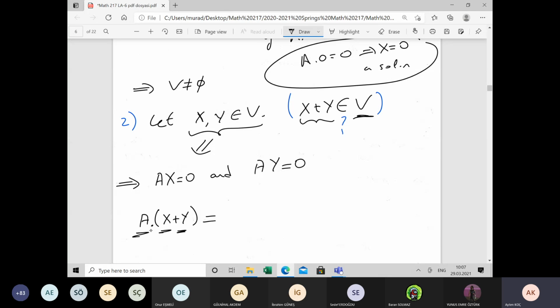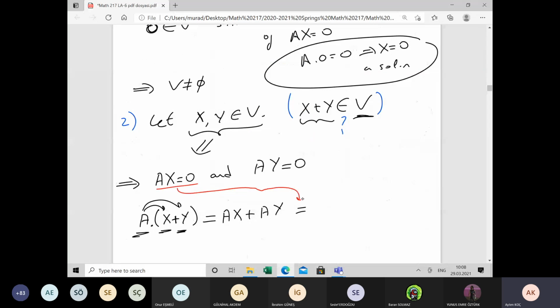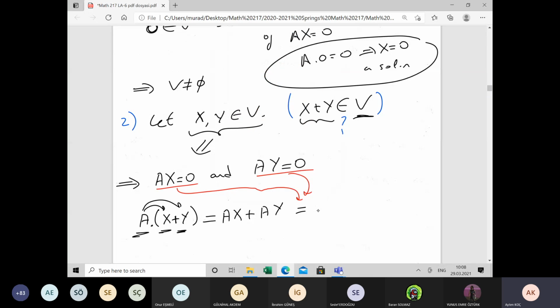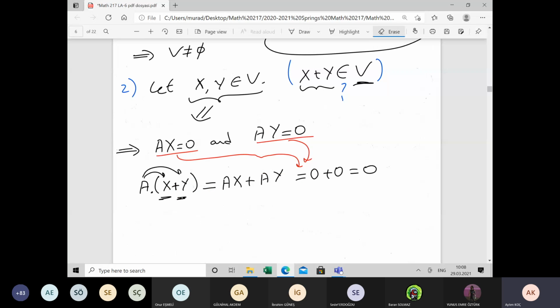This one is a product, this one is an addition. We use distributivity: Ax plus Ay. We know that Ax is 0 and Ay is 0, so the zero vector plus the zero vector is 0. So we obtain A times (x plus y) is 0.